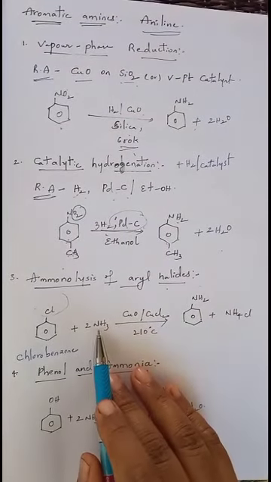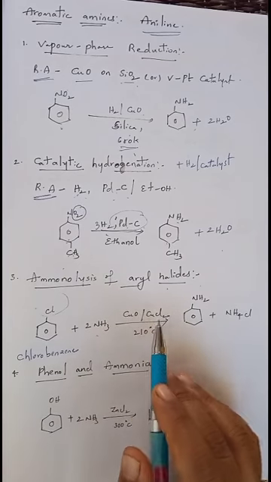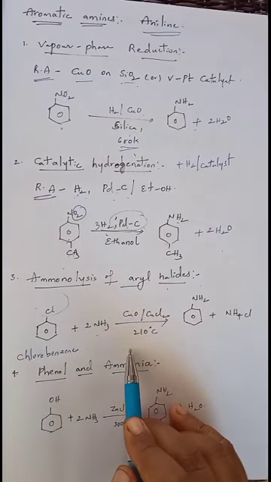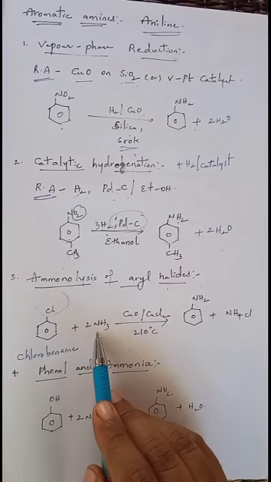when we add ammonia to chlorobenzene or aryl halides in presence of copper oxide and cuprous chloride at 210 degrees Celsius, chlorine is replaced by ammonia.